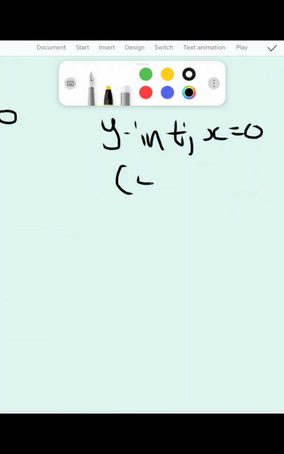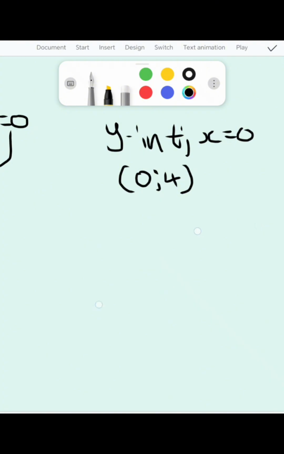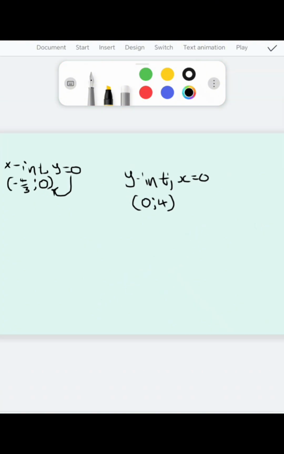And again, my coordinates for the y-intercept are the same idea: we put our x to be 0. That's why we simply say that our x is 0, then our y is 4.